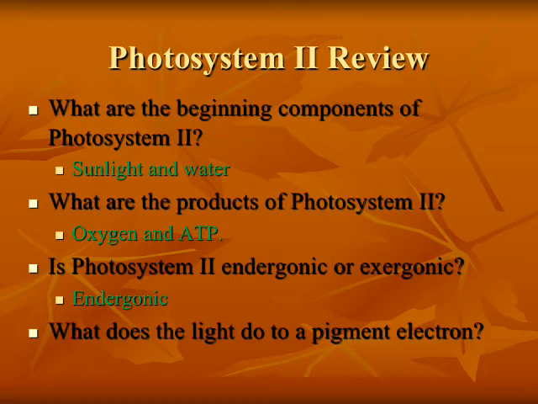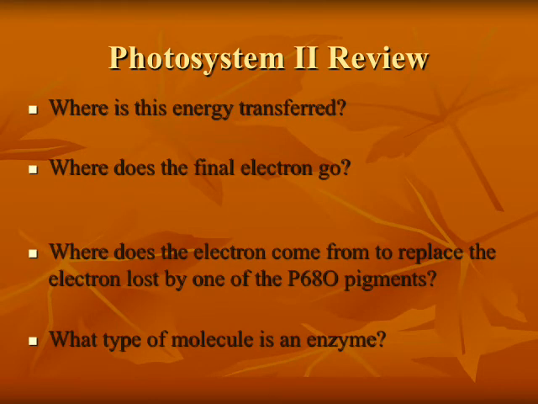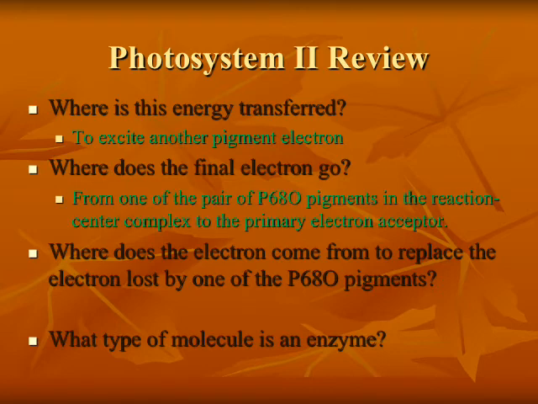And what does the light do to a pigment electron? It excites it to a higher energy shell. So where is that energy transferred? It goes to excite another pigment electron. And where does that final electron go?